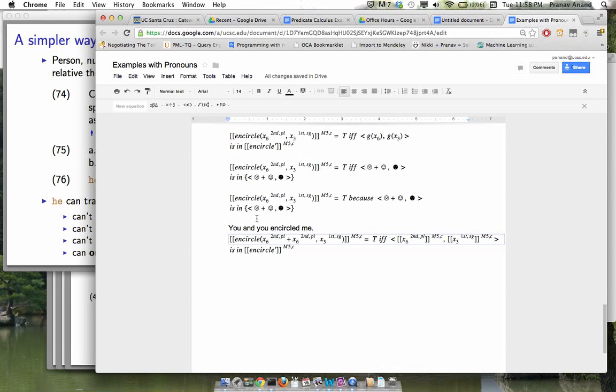It really doesn't matter in the end. So I'm just going to write x4 and x5 here. And then this is second singular, this is second singular. And this is now going to be this whole thing.